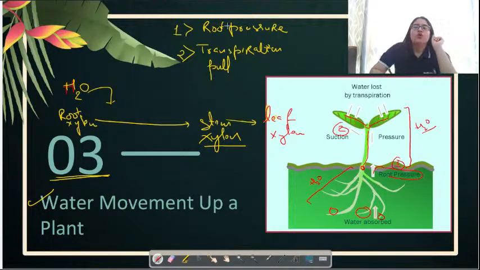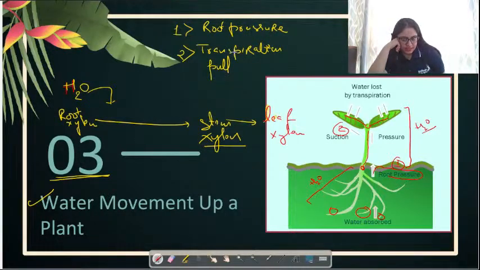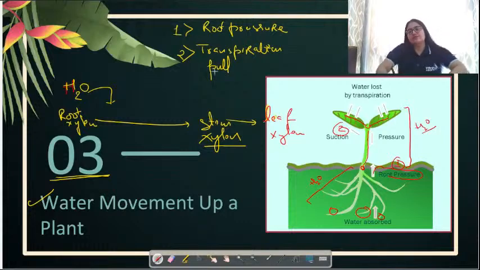Let me tell you in advance, before explaining in detail what root pressure and transpiration pull are, it is actually the transpiration pull which is majorly responsible for transporting the water molecules from the root xylem to the leaf xylem via the stem xylem. It is agreed by the majority of scientists that water is actually pulled during the ascent of sap.